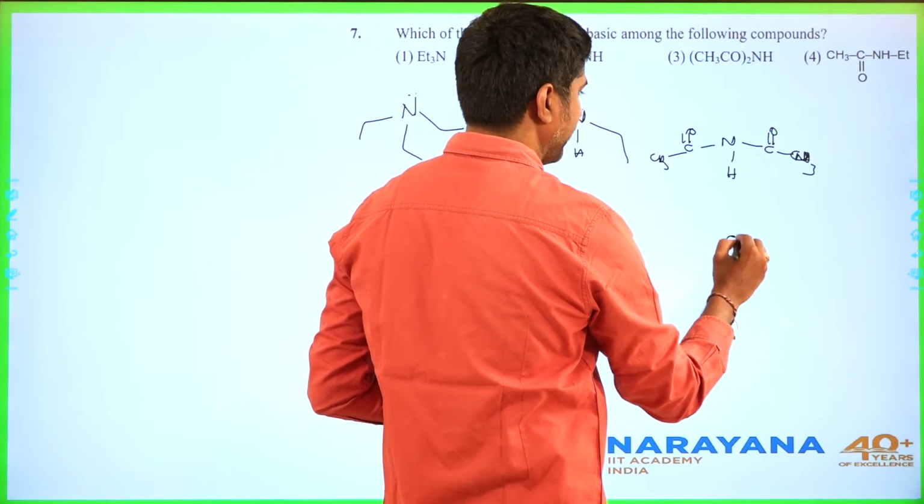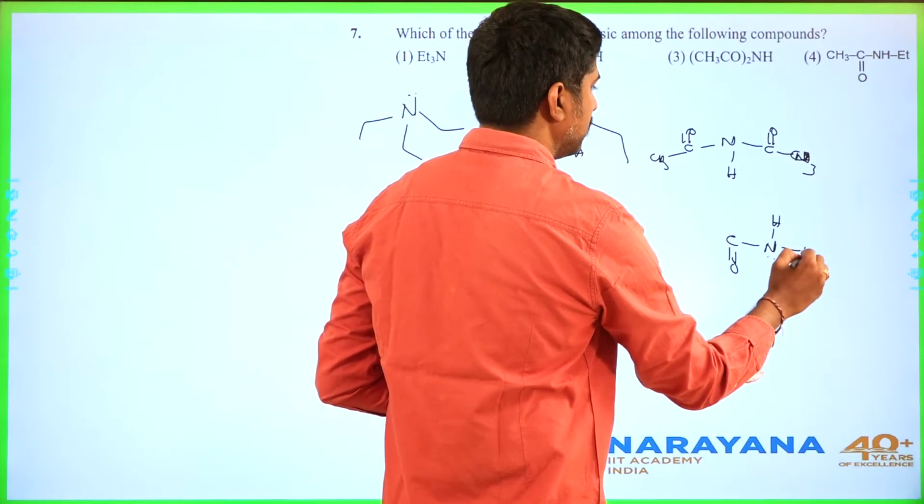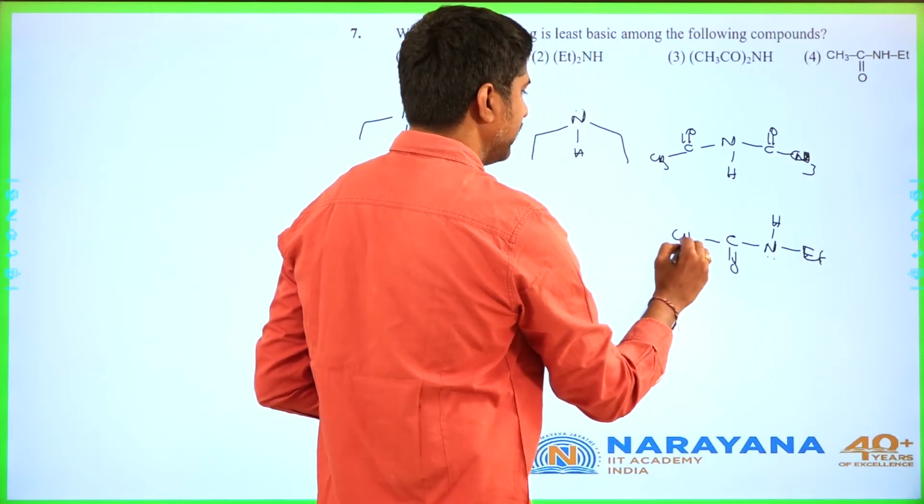Fourth one is also an amide, C double bond O and H, with an ethyl group here and a methyl group here.